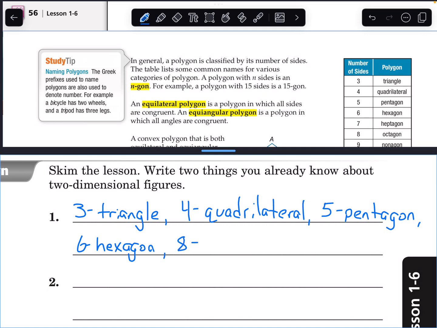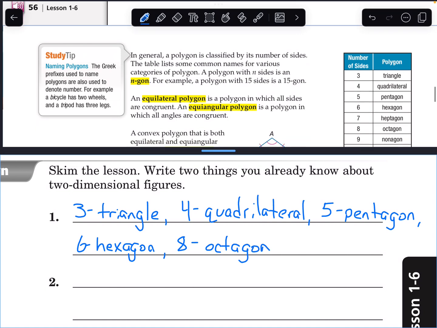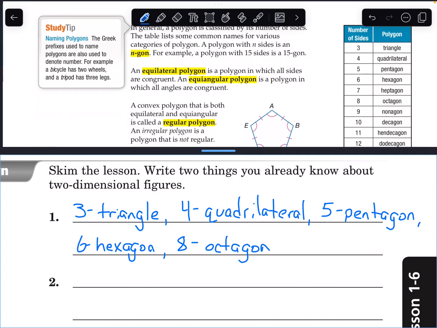You probably know 8 sides is octagon. That might be it. If you know any of the others, feel free to add those in.